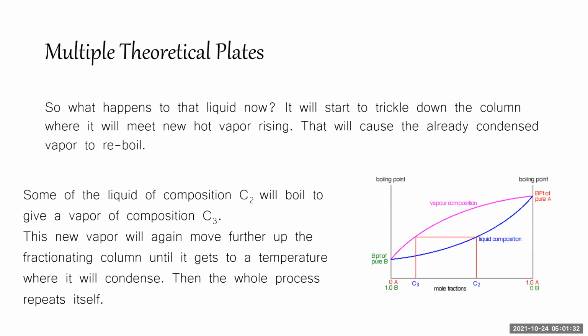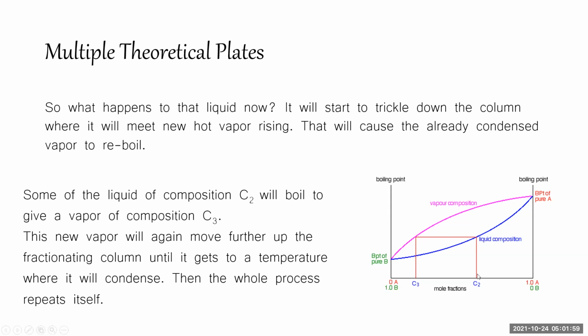And if that happens enough times, if the column is large enough where we have multiple vaporization condensation cycles occurring, then the ideal situation is that we get pure B coming out of the column initially, followed later on, once that is removed, by pure A coming out of the column.